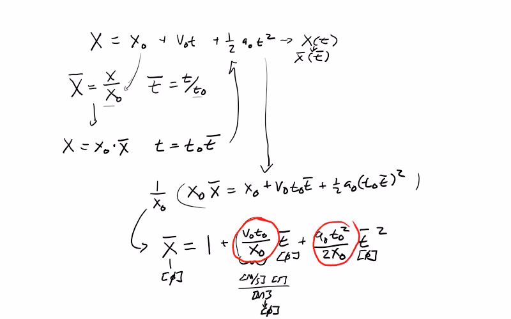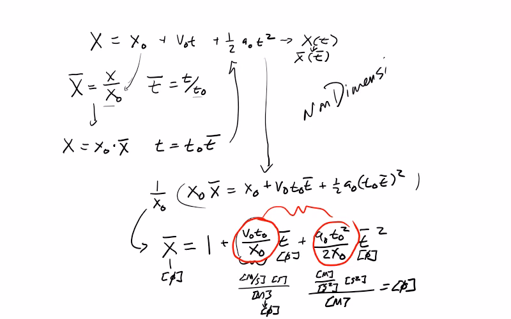I'll circle this one in red too, because again we have units of meters per second squared times seconds squared over meters, right? This is again unitless. So these two parameters in front of our dimensionless variables, t bar, have become unitless and become our dimensionless parameters. So one way to get dimensionless parameters is to do something called non-dimensionalizing an equation.